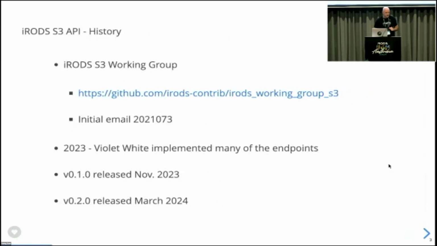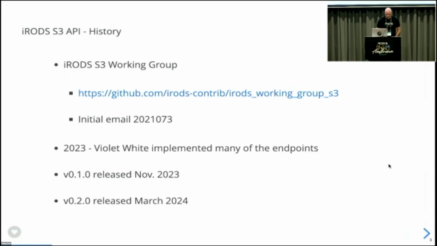Okay, some history on this project. Some of you may remember that this was also talked about in last year's UGM. The working group was first started in 2021, and in 2023, one of our interns, Violet White, did the first implementation and implemented some of the initial endpoints for this API.